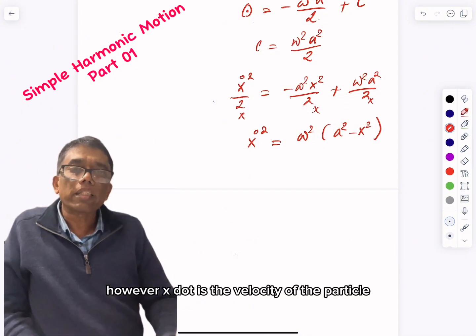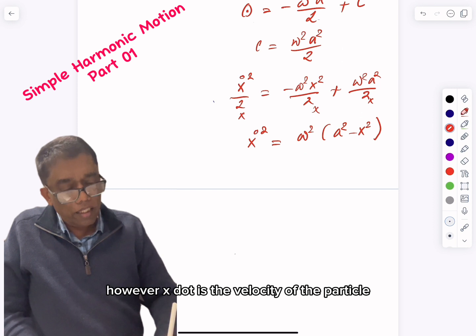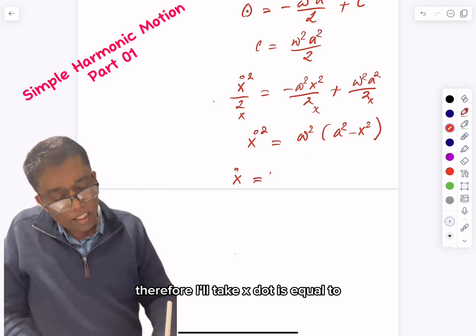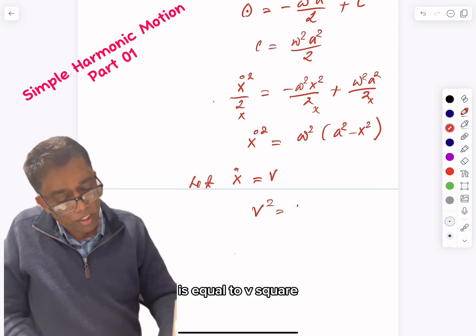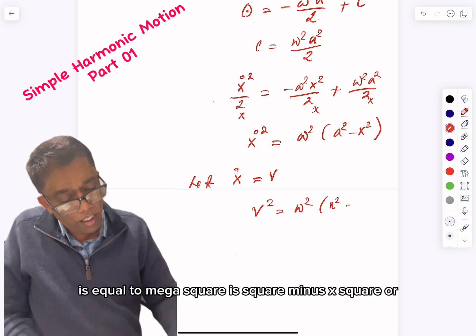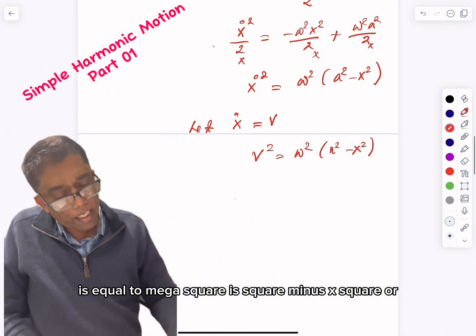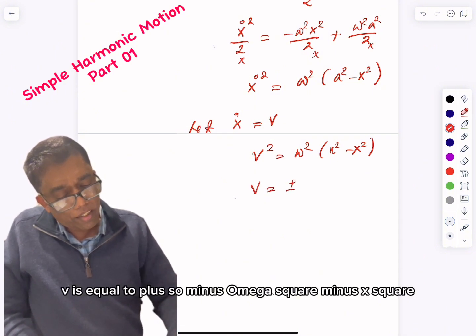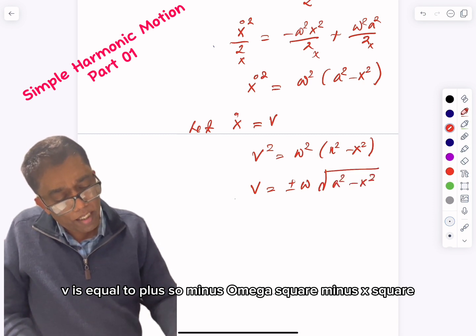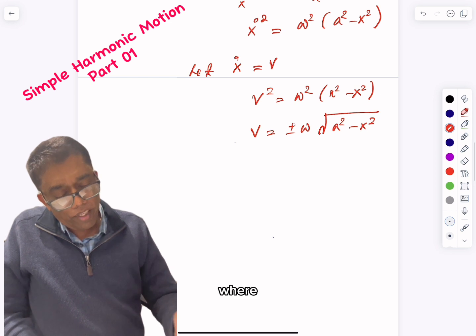However, x dot is the velocity of the particle. Therefore, v square is equal to omega square times A square minus x square, or v is equal to plus or minus omega times the square root of A square minus x square.